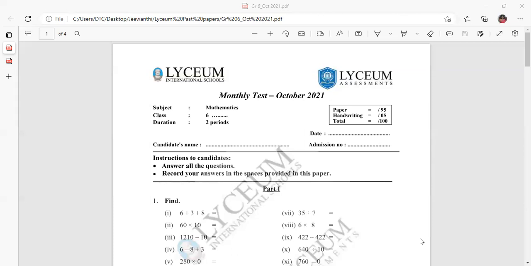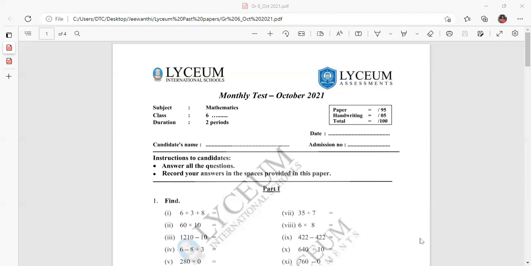This is all about your neatness, how you present the paper, and whether you are writing accurate handwriting, especially in the math paper, how you are writing the numbers. So this is all about neatness, presentation, and the accuracy of your letters and numbers. For that, you get 5 marks. Okay, children?